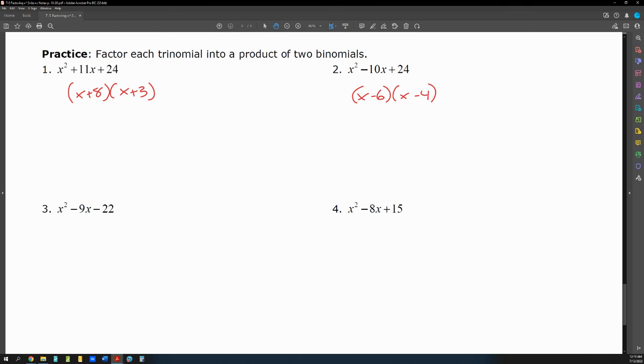Number 3, numbers that multiply to negative 22 that add to negative 9, x minus 11, x plus 2. Number 4, numbers that multiply to 15 that add to negative 8, x minus 5 and x minus 3. And we got two more.